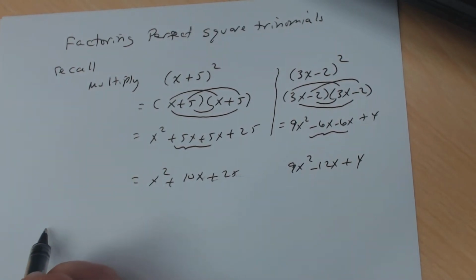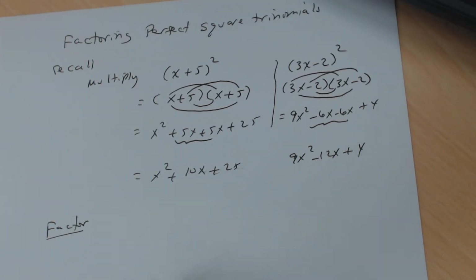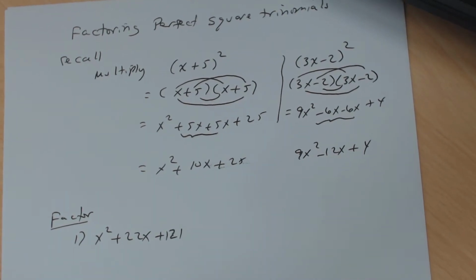Okay? Now what we're going to do is factor this trinomial. Let's suppose we had x squared plus 22x plus 121. Now, you could do this the way you've been doing it.